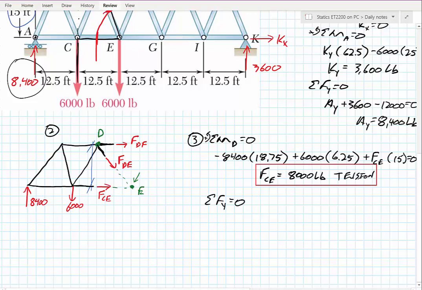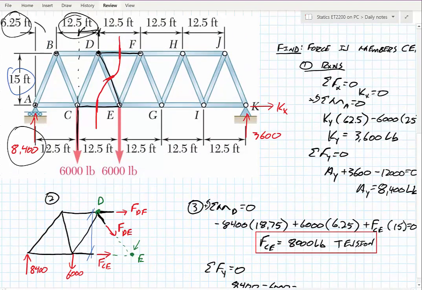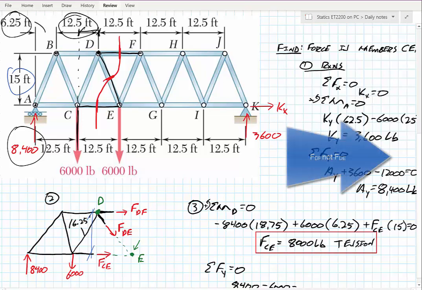I'm going to go into the Y direction first, and if I look at the Y, I have 8,400 up minus this 6,000 down, and then this FDE has a component that's down, so I only want the vertical component. So like last time, I have to come up here and say, what are my lengths and my directions, and what I would find is that the length of one of these members is 16.25 feet, and that of course is just the square root of 12.5 squared plus 15 squared.